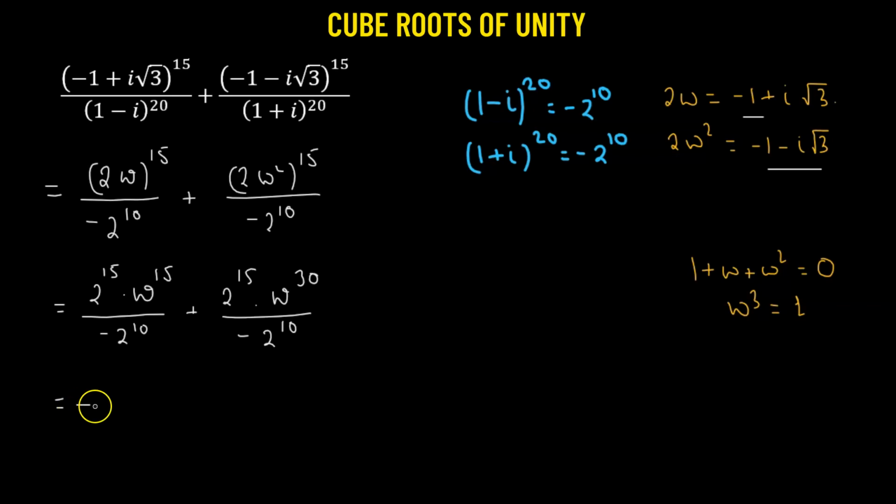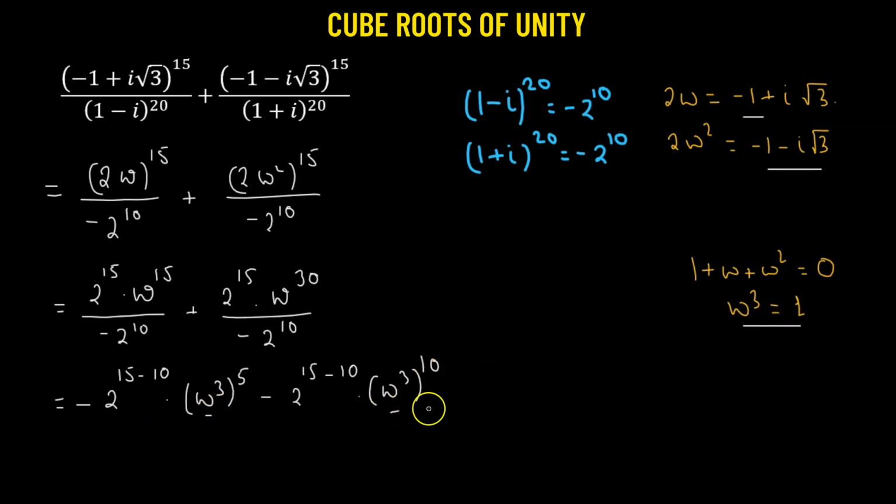So this gives us 2 raised to the power of 15 minus 10 times omega raised to the power of 15, which can be expressed as omega cubed raised to the power of 5, minus 2 raised to the power of 15 minus 10 multiplied by omega cubed whole raised to the power of 10. Now we can use the fact that omega cubed is equal to 1 in place of omega cubed in the first term and the second term.